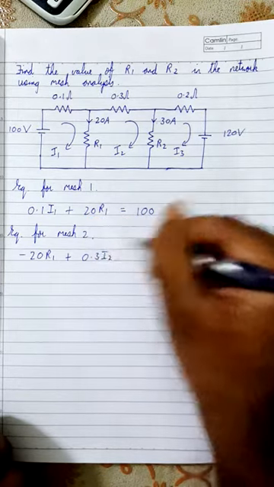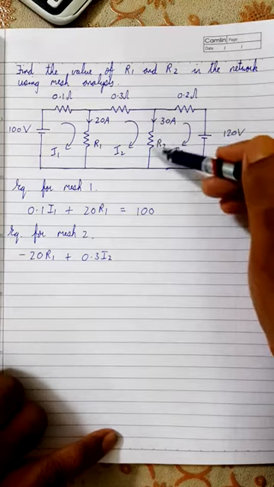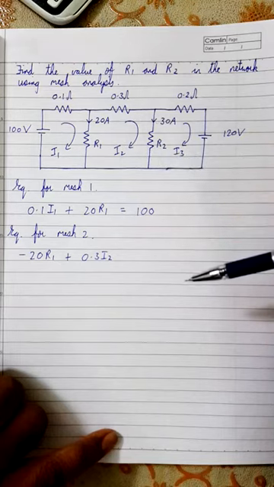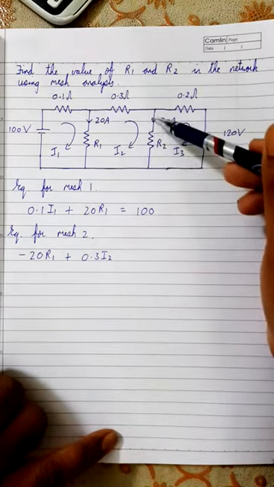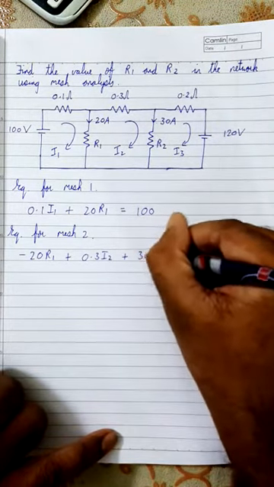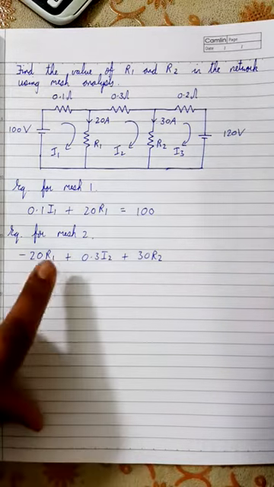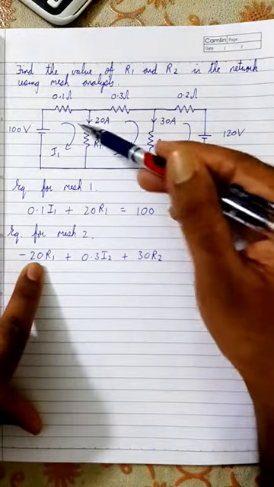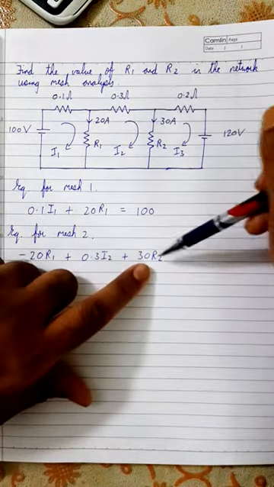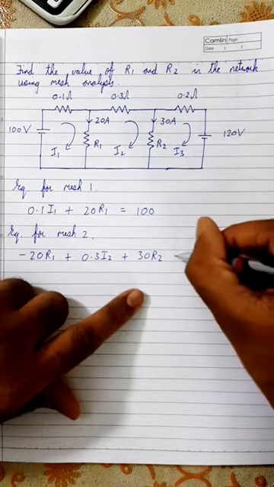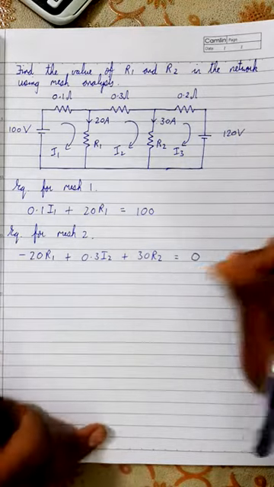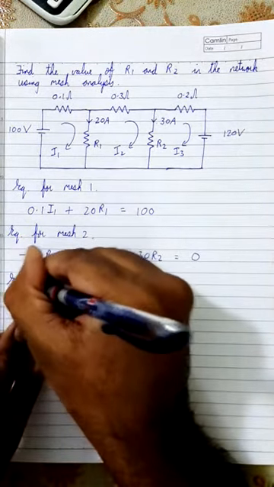And here both I2 and 30 amperes are flowing in the same direction, which means this is plus 30 R2. 20 R1 is the voltage across this resistor, 0.3 I2 is the voltage across this resistor, and 30 R2 is the voltage across this resistor, and all this is equal to 0, because there is no voltage source over here.